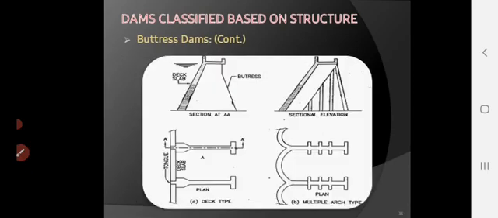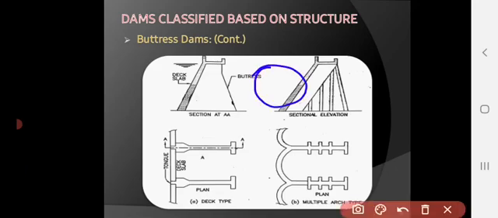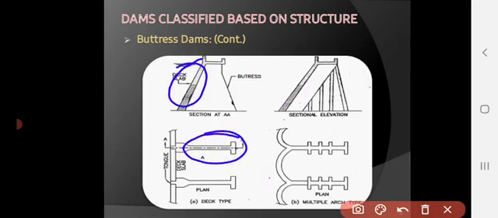See, this is a buttress dam, of two types: deck type and multiple arch type. So a buttress dam consists of a deck, or we can say slab, and these piers, or we can say buttresses, two portions, and in combination of these two, the whole section looks like this.